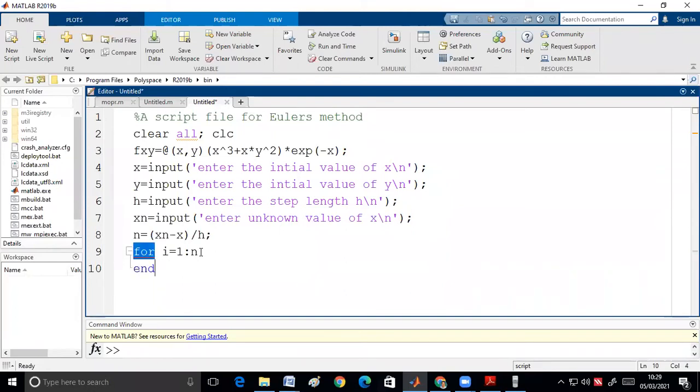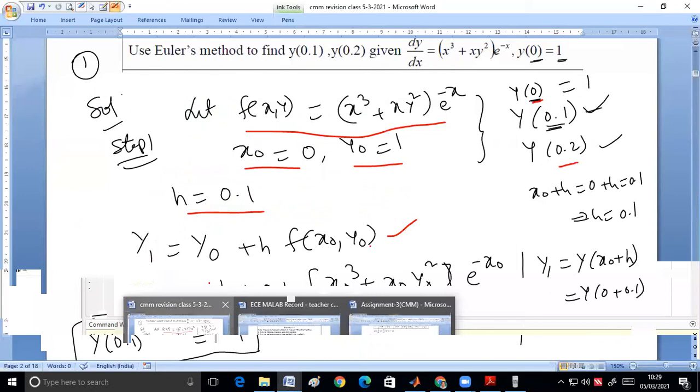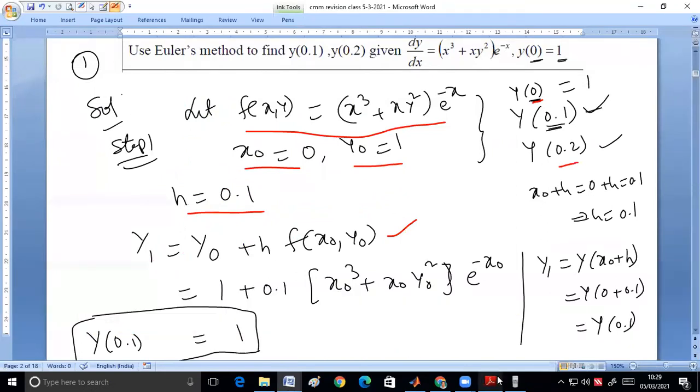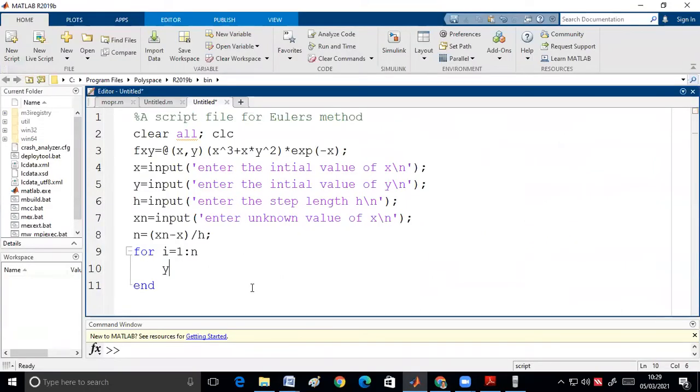Now I will close the for loop just for safety purpose. First, before that, now write the program. What is the program? Use the formula directly. Y equals to y plus h into f of x comma y.